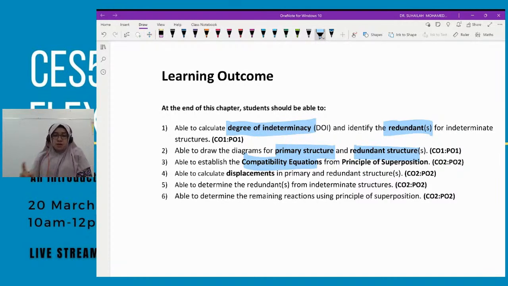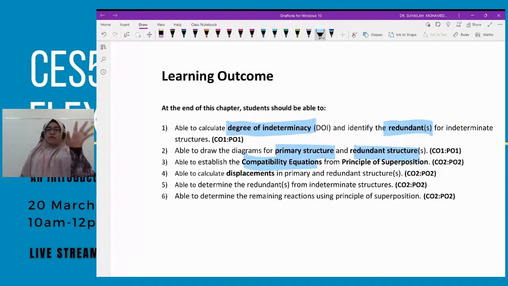So far the keywords are redundant, primary and redundant structure, and the compatibility equation, right?